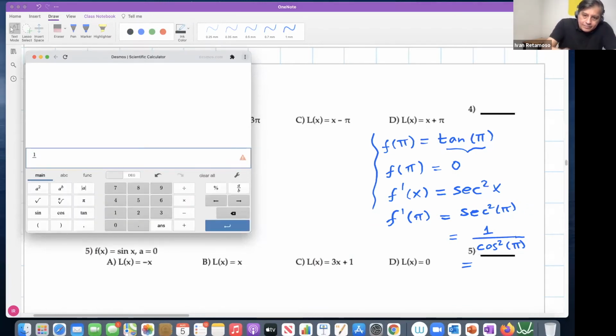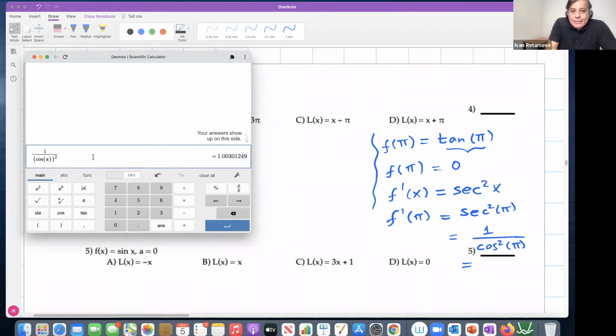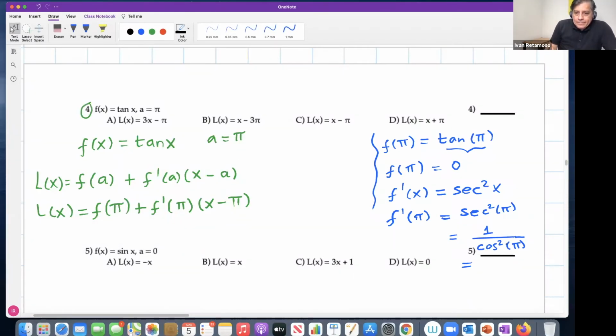1 over cosine of pi. But remember, this must be squared, so this whole thing squared. And remember, you must compute this in radians, not in degrees. Be careful there, guys. This is 1, right? So this guy is 1. So we have that. Let's replace everything.